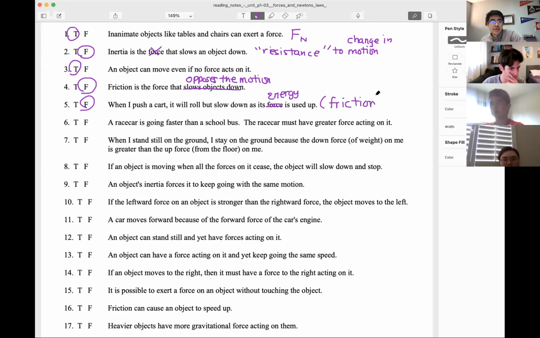Six, if a race car is going faster than the school bus, the race car must have a greater force acting upon it. Anybody?